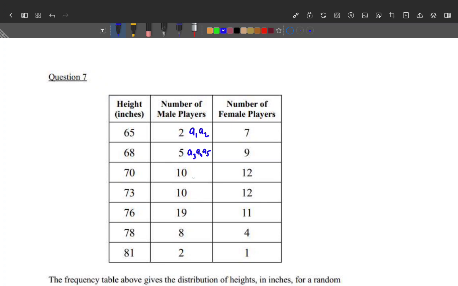Here until 5, because of this A3, A4, A5, A6 and A7, etc. It means 7 here, until there 17, until there 27.